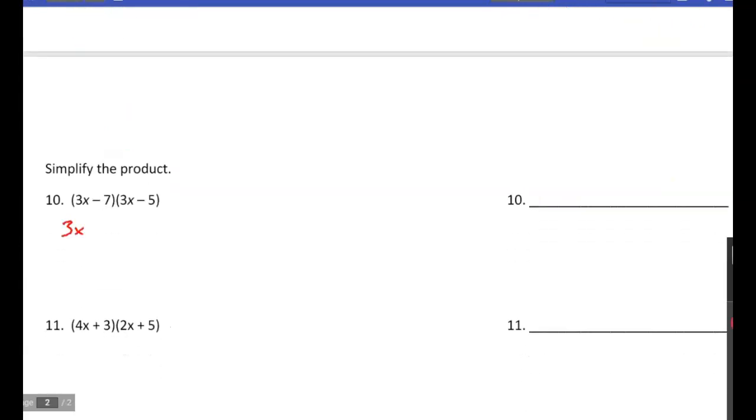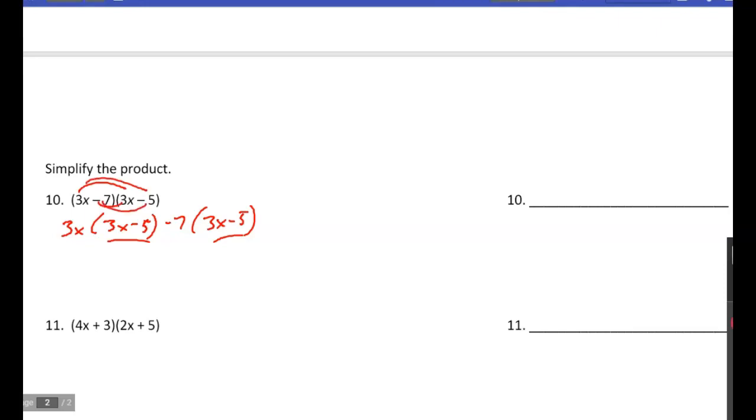The best way to do these is our distributive property. So notice this is the same term written twice. And that's just taking care of the FOIL method here. I rewrite that right there.